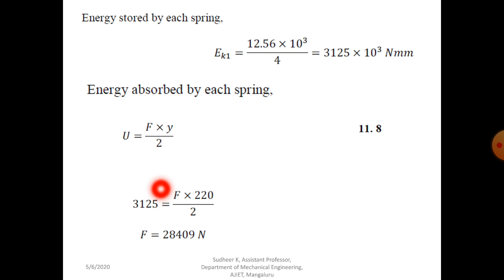Therefore 3125 into 10 to the power 3 is equal to F into 220 divided by 2. So you will get the value of F as 28,409 Newton. So this much force you will get.